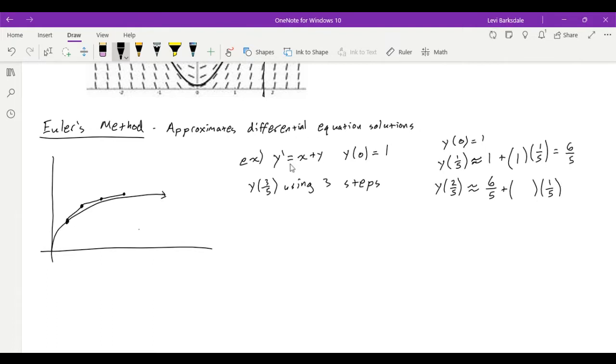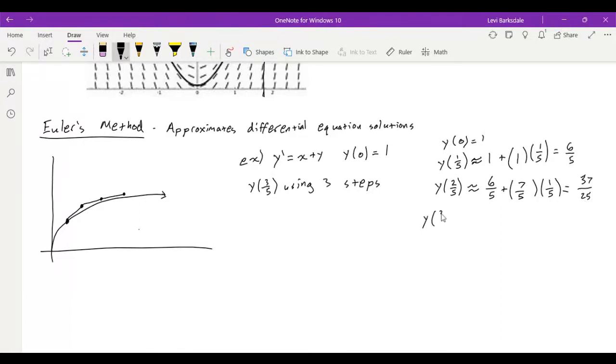And our slope is again y prime, so y prime is x plus y. I'm sorry, our y value is 6/5. Our x value is 1/5. 1/5 plus 6/5 is 7/5. And this will get us a value of, because I computed it in advance, 37 over 25.